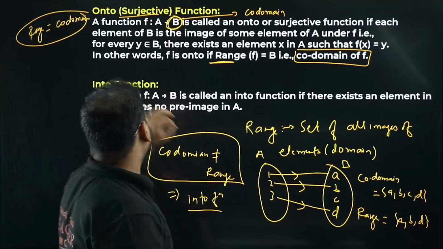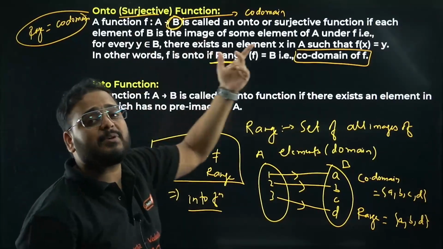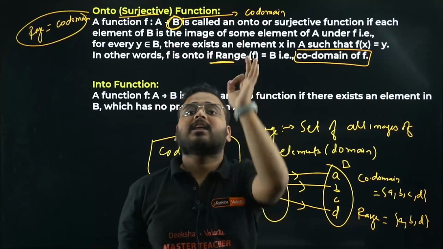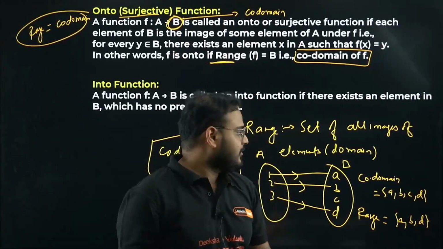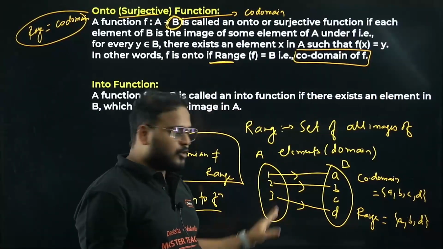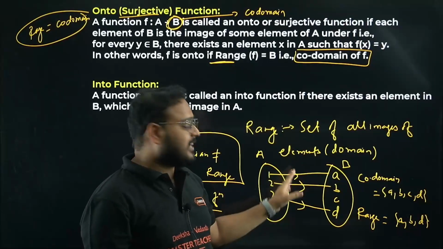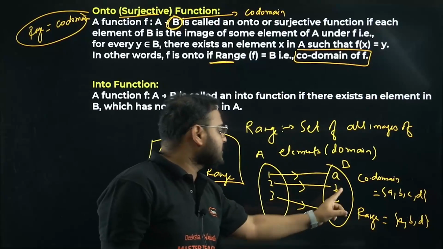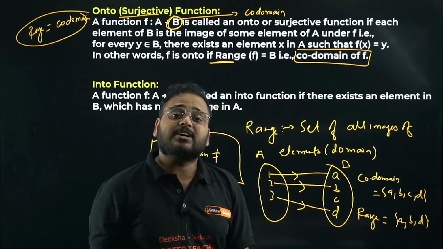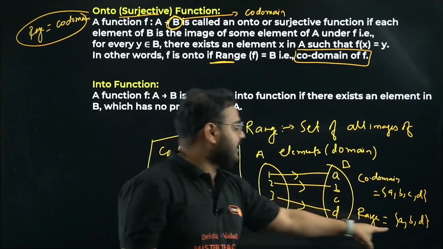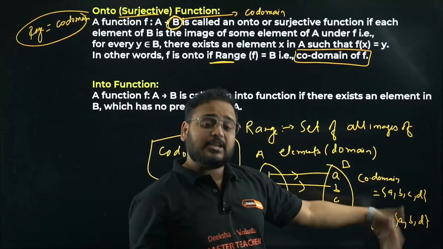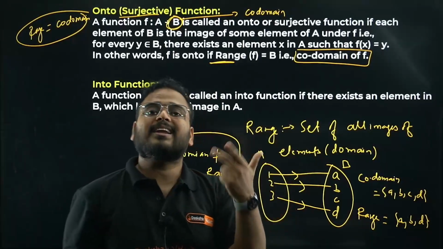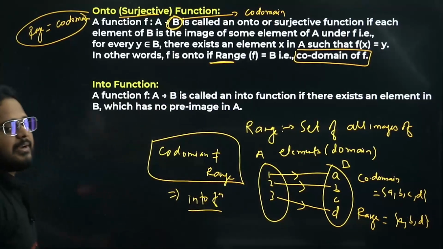Simple words: range becomes equal to codomain. Range is the set of all the images of the elements of the domain. The elements are 1, 2, 3. The image of 1 is A, of 2 is B, of 3 is D. So the range is ABD. If it is equal, then onto. Not equal, then into.